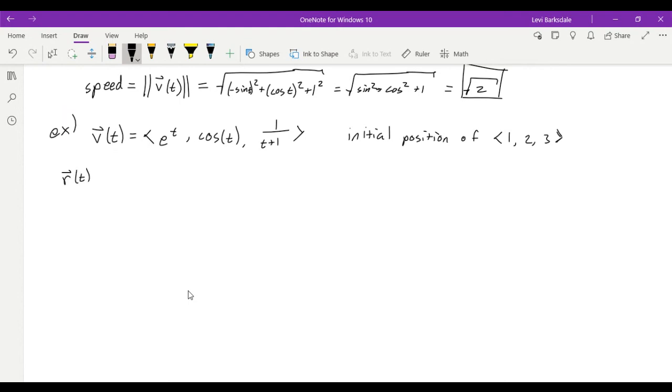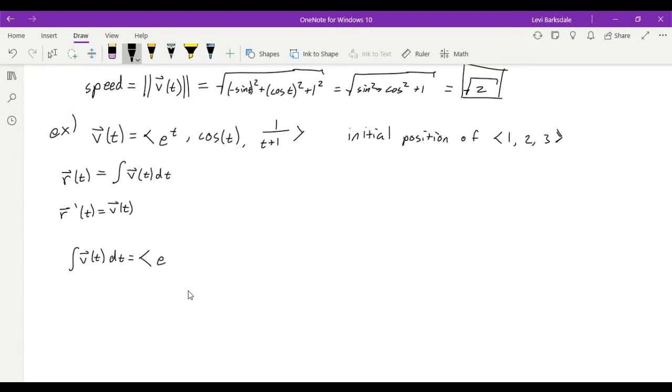Well, we know that our first derivative of position is velocity. So that tells us that our position vector would be the integral of our velocity vector. So when we integrate our velocity vector, we simply integrate each component.